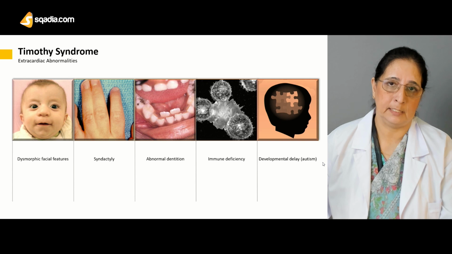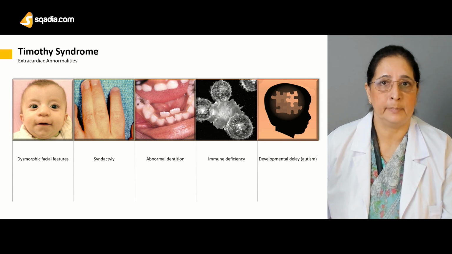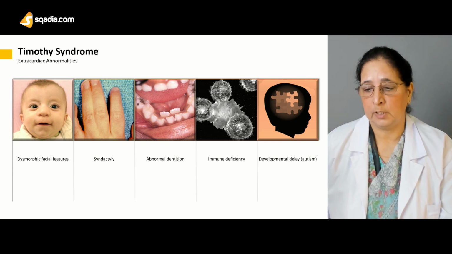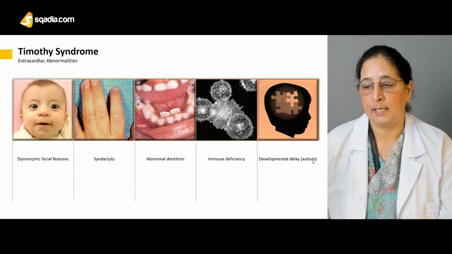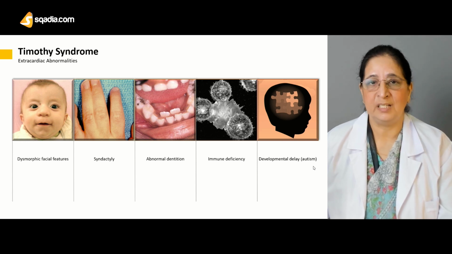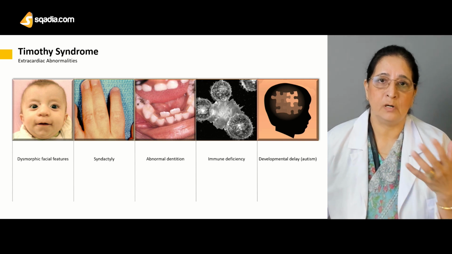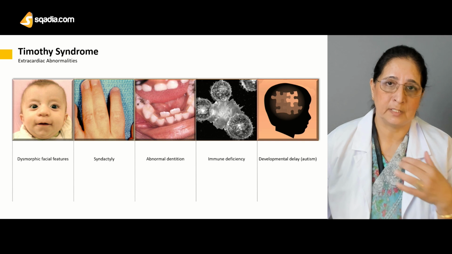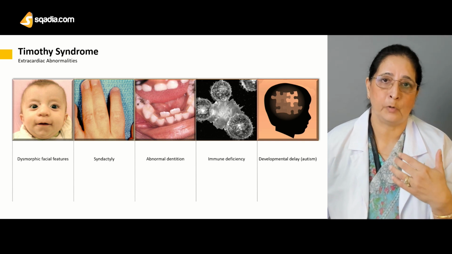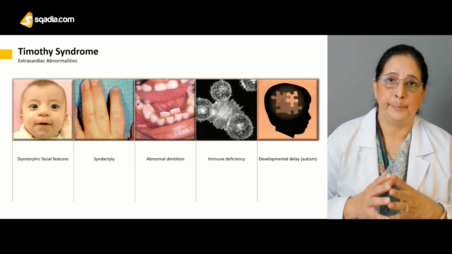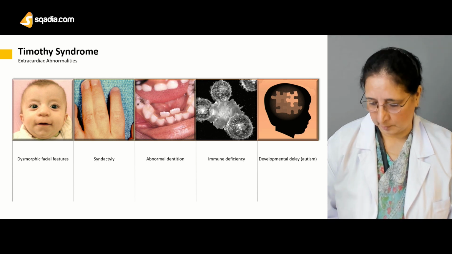Autism is present in patients who have Timothy syndrome. Autistic children are usually delayed in all the milestones. They do not respond very well to a person, and their eye contact is not proper. So they are developmentally delayed children.